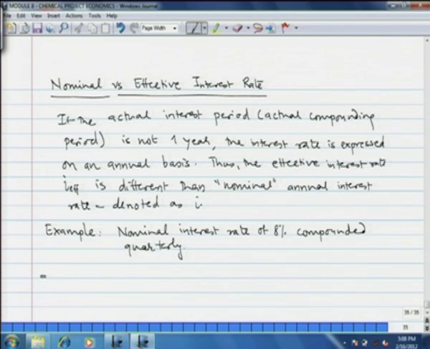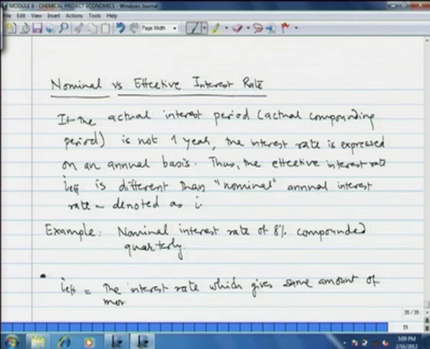What we do now is that we define I effective as the interest rate which gives the same amount of money at the end of 1 year if the compounding was only once in a year.